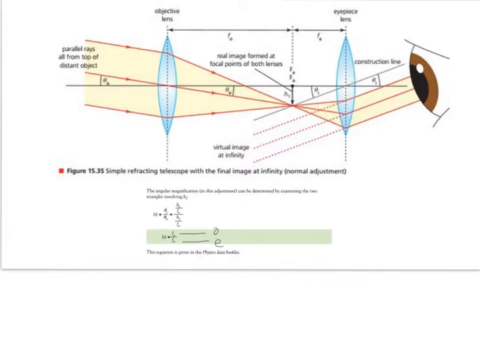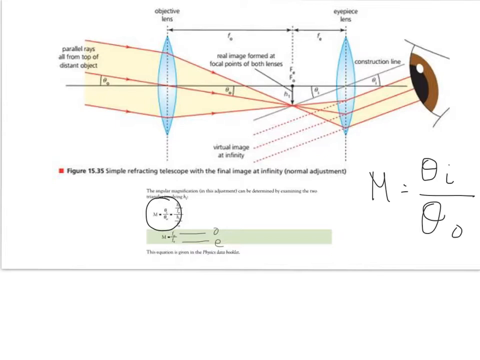Now we need to look at the ratios of the angle subtended. If we remember the original formula, the angular magnification is the angle subtended by the image over the angle subtended by the object. Let's have a look at the object first.